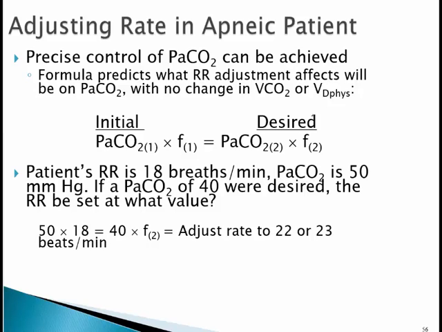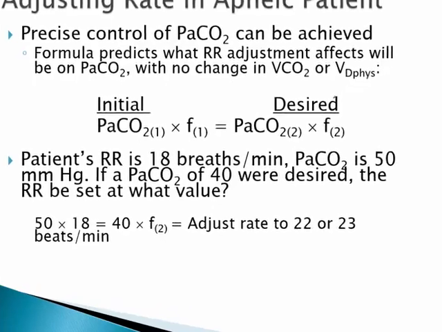The patient's respiratory rate is 18 breaths per minute, where the CO2 is 50. If a CO2 of 40 were desired, the respiratory rate should be set at what value? And so this is the way you plug that in.